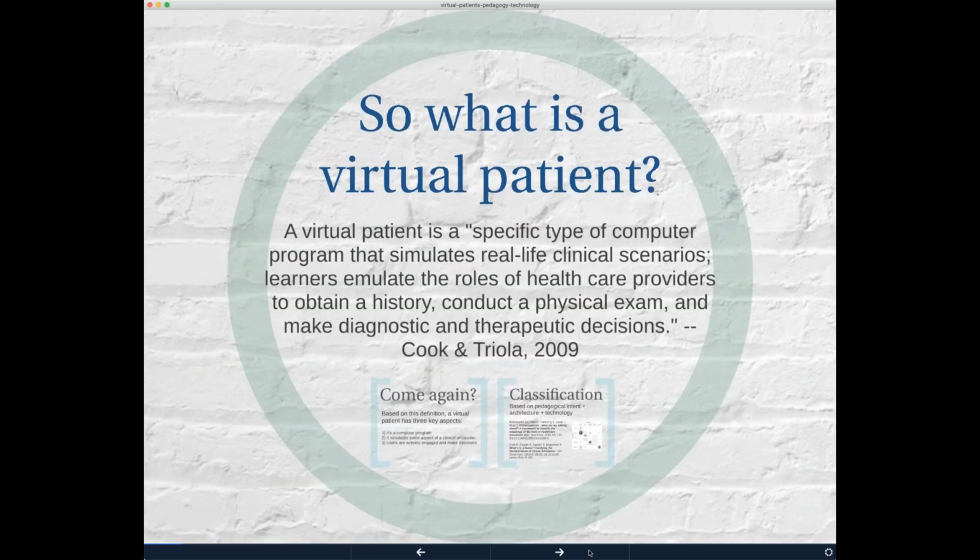Right, so what am I talking about with respect to a virtual patient? Here's a definition that comes from David Cook and Mark Triola in a review they did in 2009. And this definition is still used in the Simulation Dictionary, 2nd edition.